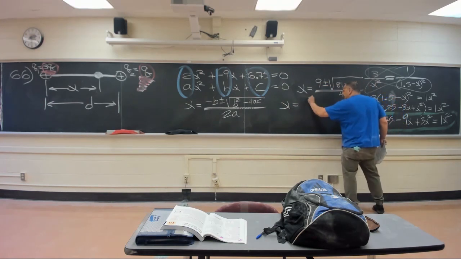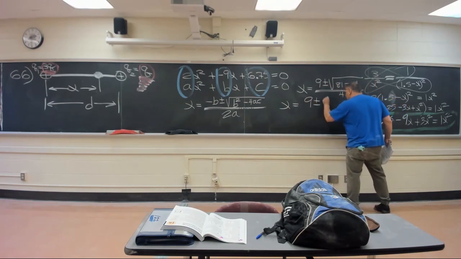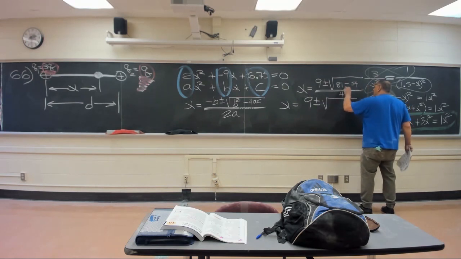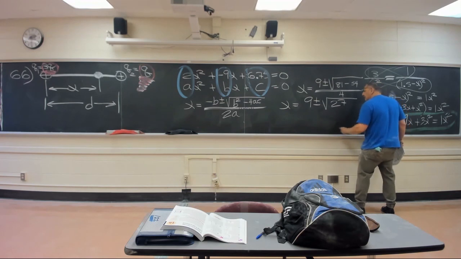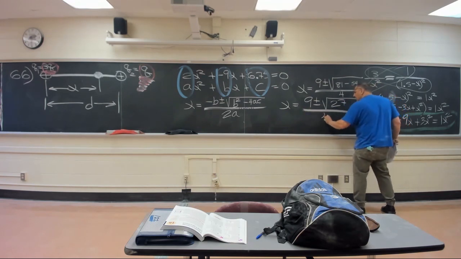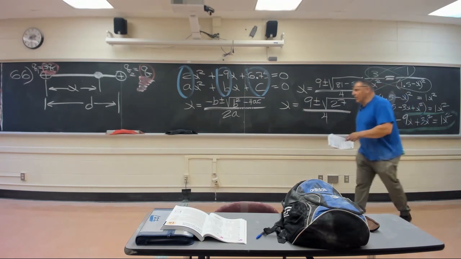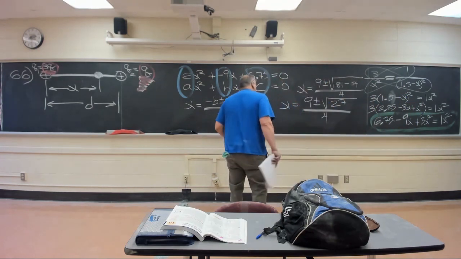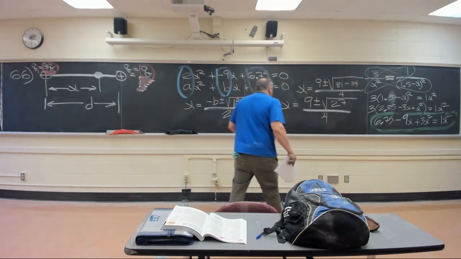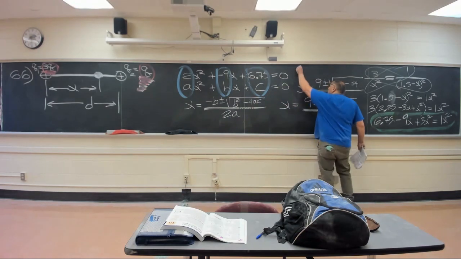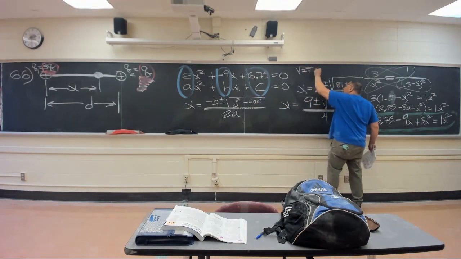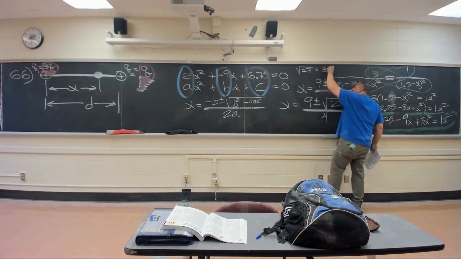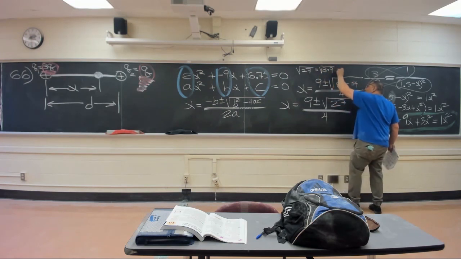X equals 9 plus or minus the square root of... What's 81 minus 54? It's 27. This is over 4. There's a lot of ways you can go here. 27 is 3 times 9. The square root of the product 3 times 9 is the square root of 9 times the square root of 3.